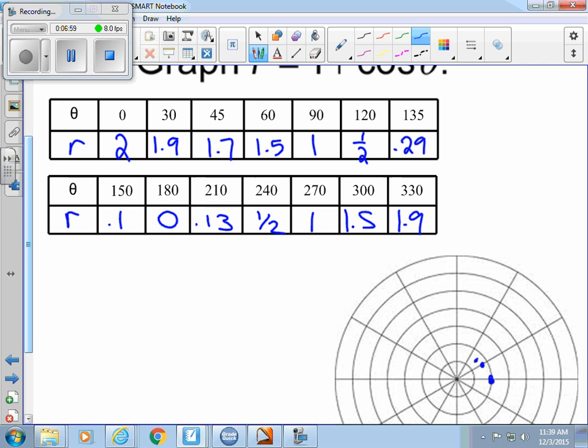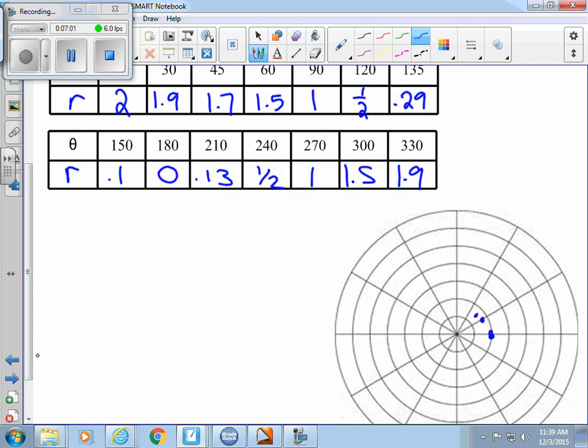30, 60, so 45 somewhere in between. 60 is at 1.5. 90 is at 1. 120. 135 is at 0.29. 150 is at 0.1.